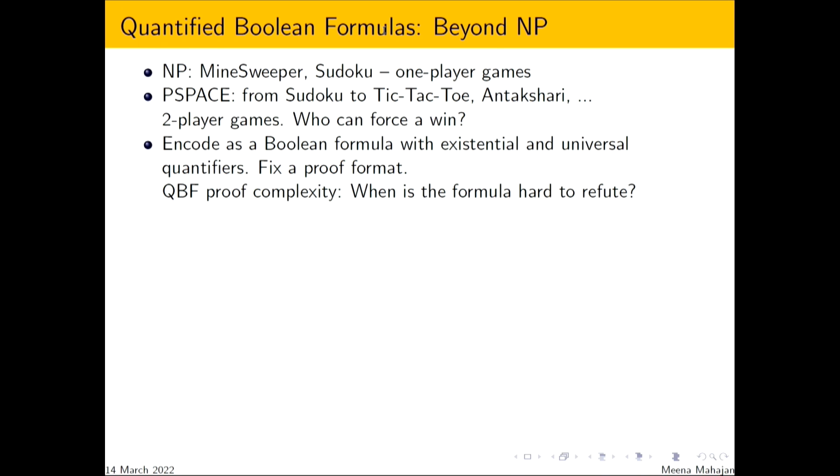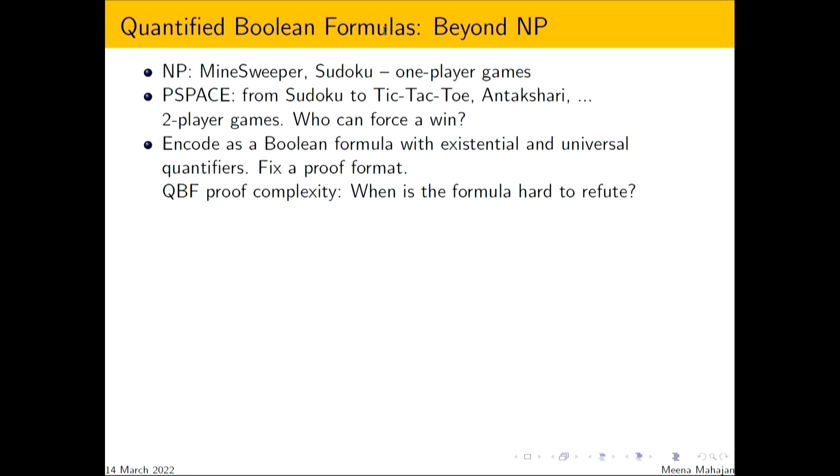One way of understanding this jump is that NP typically talks about one player games and whether it is possible to win those games. Is there a way to satisfy all the constraints in the Sudoku setup? It's a one player game. P-space, polynomial space, which, as I said, is a much larger class, is talking about two player games, and a canonical example of that is Antakshari. You set up some kind of game.